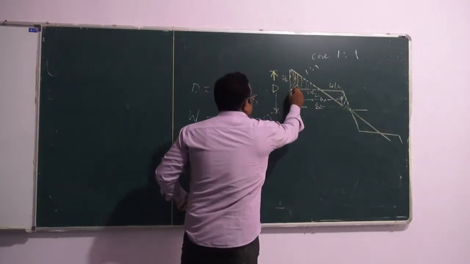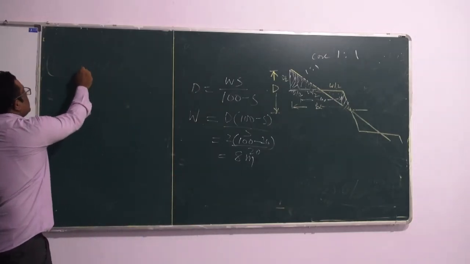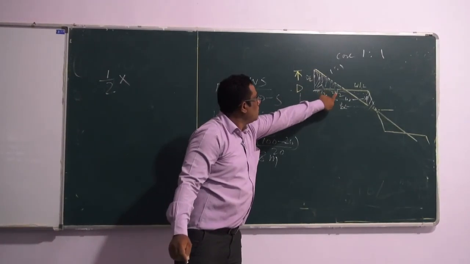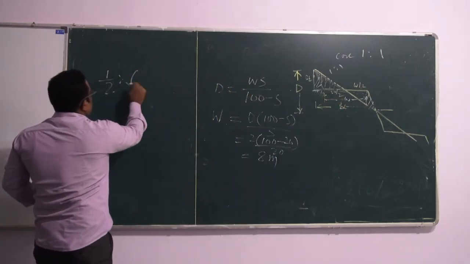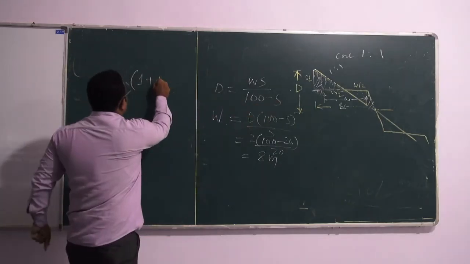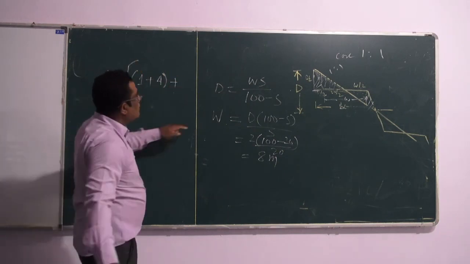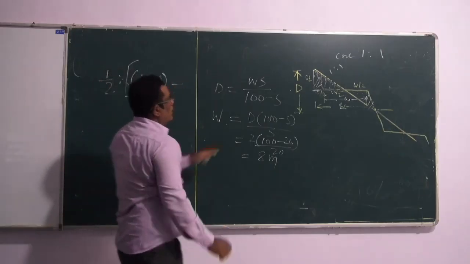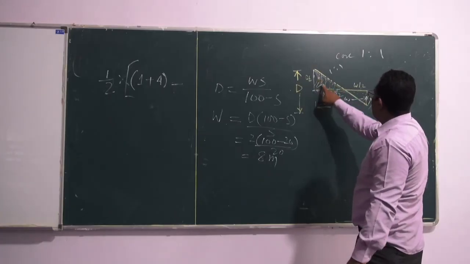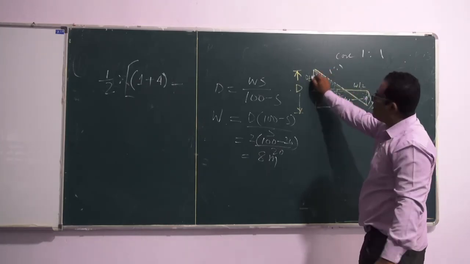This is the case of a right angled triangle, right? So the cross-sectional area of a right angled triangle is half into base into depth. The base is d by 2 plus w by 2. D by 2 is 1, and w by 2 is 8 by 2, that is 4. We have to subtract this portion from this entire right angle triangle.